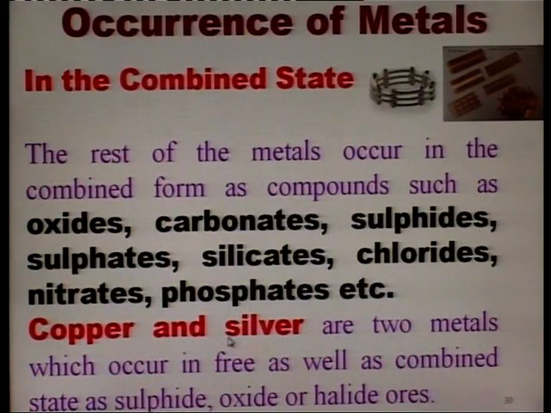Copper and silver are the two metals which occur in free as well as combined state as sulfide, oxide, or halide ores.